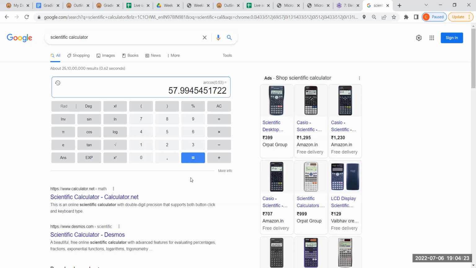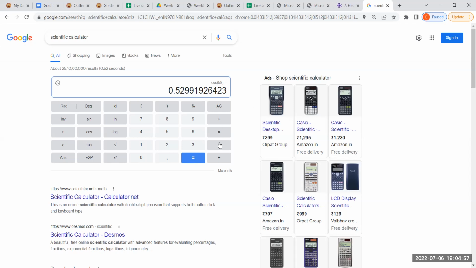So if you use the cos of 58 degrees, you will get the same answer. I'll just show you the reverse process. Cos of 58 degrees: the answer is 0.5299, which is roughly 0.53, right? And this is exactly 3 by 4 root 2. Understood? Cos of 58 degrees gives me 0.53 roughly.